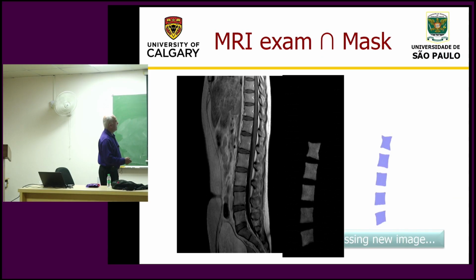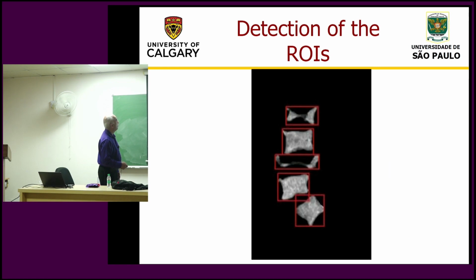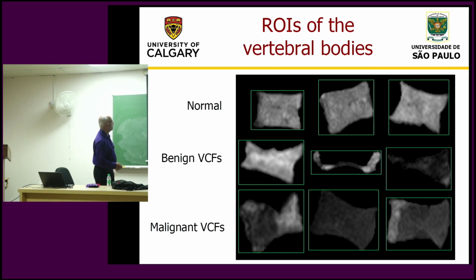So for a given MRI, these masks were used and the regions were extracted. These regions were marked and the bounding boxes were drawn. And these are some examples again, similar to what I showed earlier with their bounding boxes.